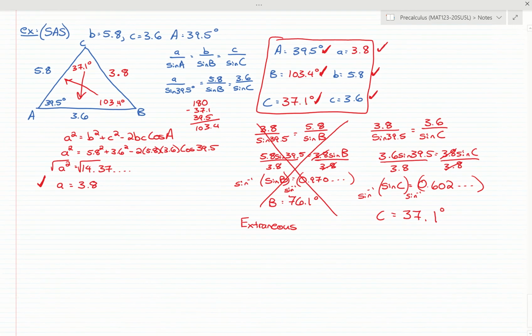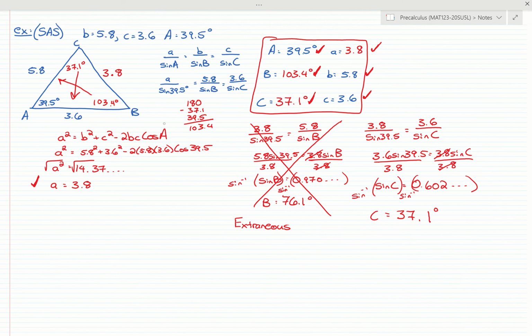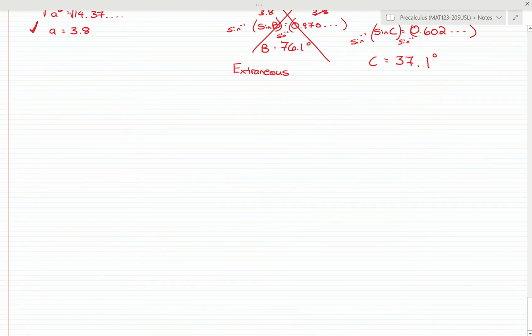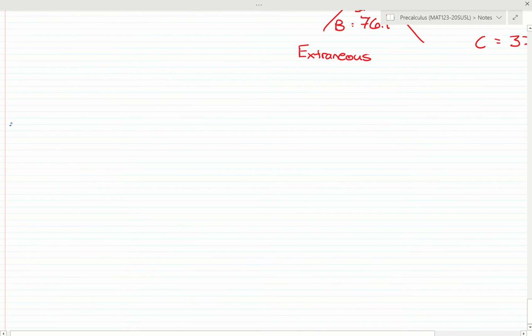All right, let's do one more example, but instead of having a side angle side, let's do one where it's three sides, and we have to find an angle. So what if we knew that side A was 3.8, side B was 9.6, and side C was 7.7?